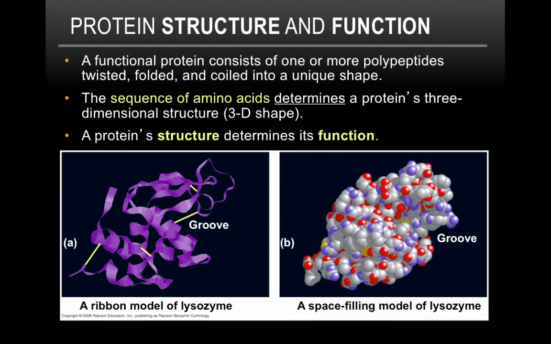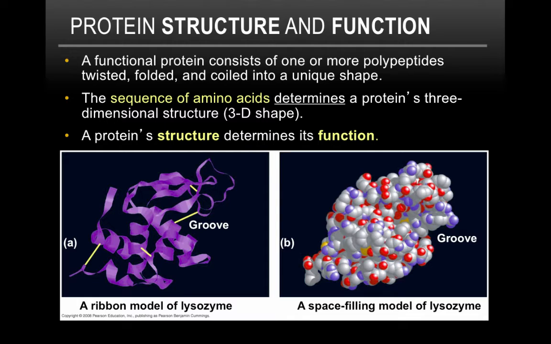Shown below is an example of a protein. This is an enzyme called lysozyme. Two pictures of it on the left and the right. Lysozyme is an enzyme that you produce in your tears and your saliva. And lysozyme is a hydrolytic enzyme. In other words, it breaks bonds. It performs hydrolysis reactions.